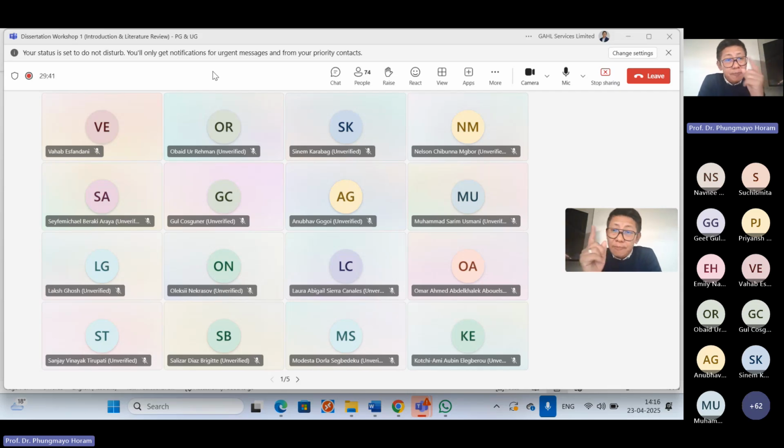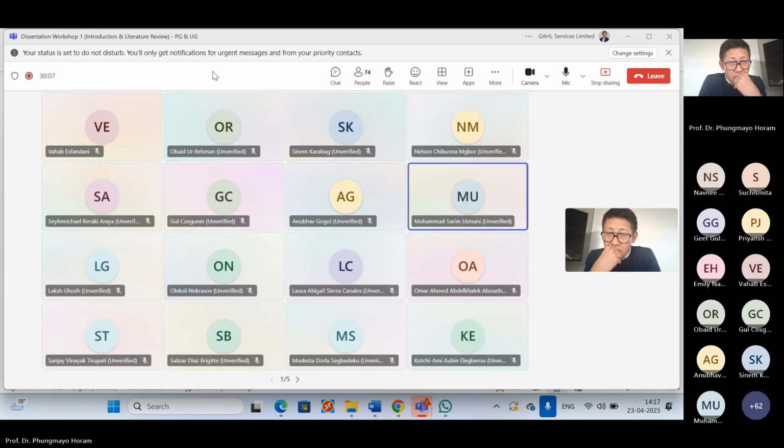But for Gizmo, we haven't introduced a transformation project. So it'll be the same for business students and data science students. The structure of the dissertation is 5 chapters: introduction, literature review, methodology, data, and conclusion. Okay, thank you.